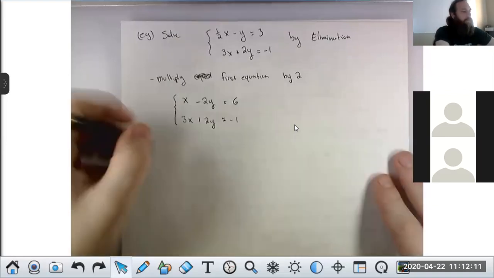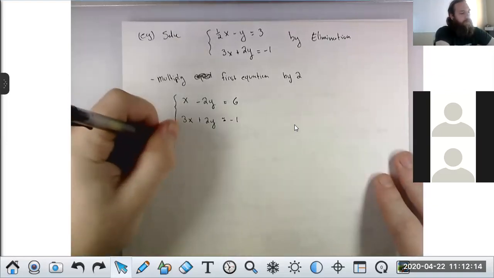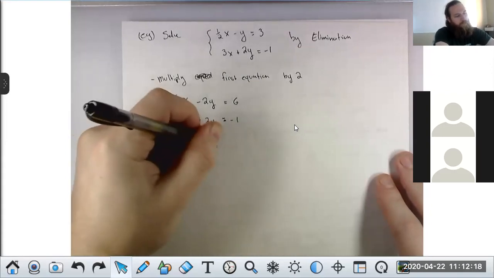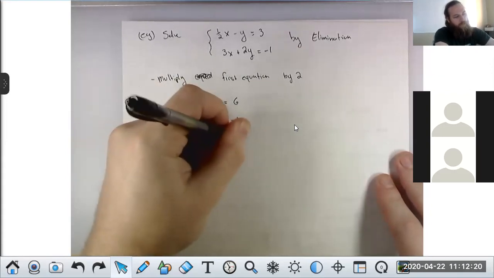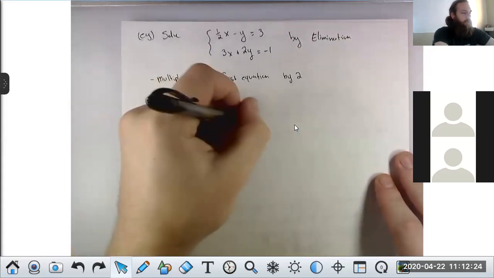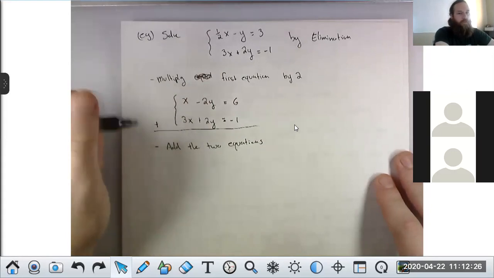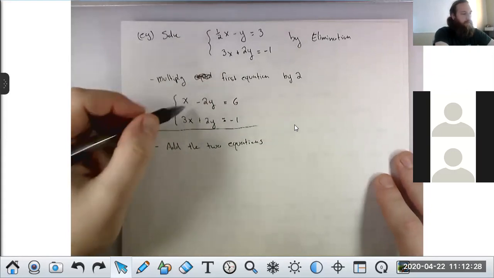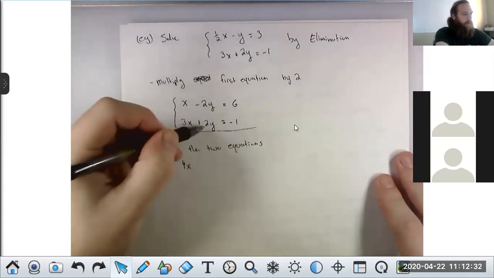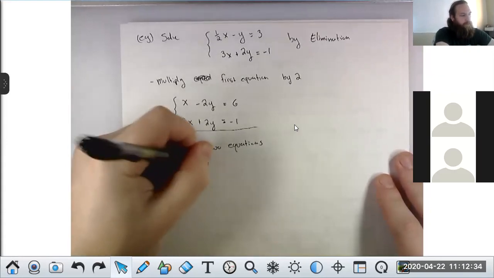So now I'm going to add the two equations. And the nice thing about this is that you can kind of think of it just like this. You're just going to add the columns. So x plus 3x, that's 4x. -2y plus 2y, that's 0y.